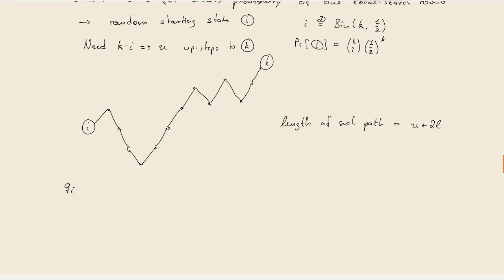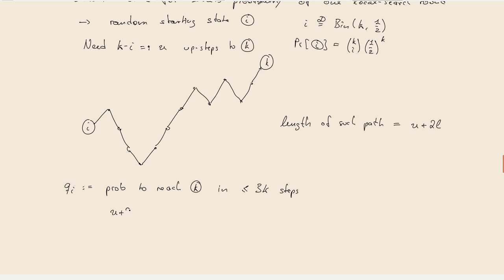So what we would like this q_i to be is the probability to reach the absorbing state in the less than 3k steps that we give the algorithm.